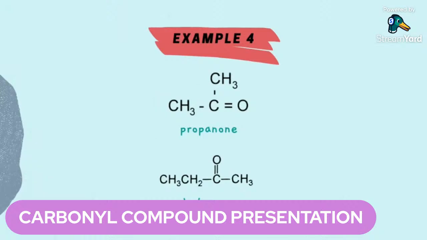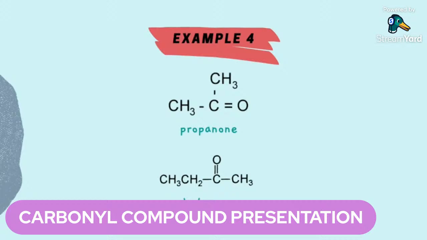So propane here to become propanon, and the propanon should be like this, with 3 carbon and the C double bond O position in the between of the carbon, and this is your simplest ketone you can have. Another example is butane to become butanon, with the changes E to O and E to represent as a ketone. So butanon here is a 4 carbon ketone and should be like this.